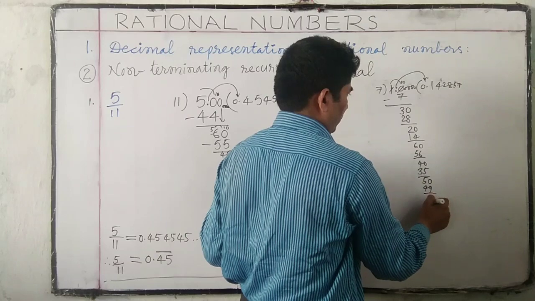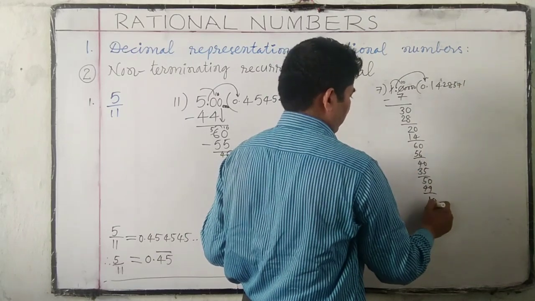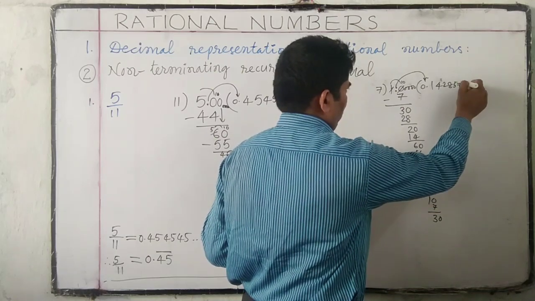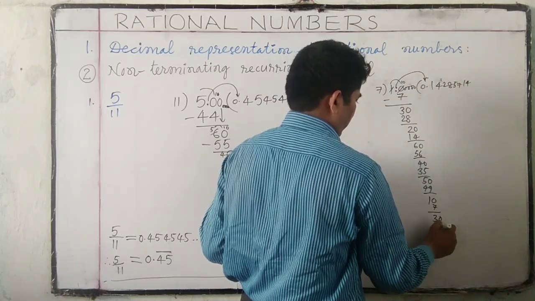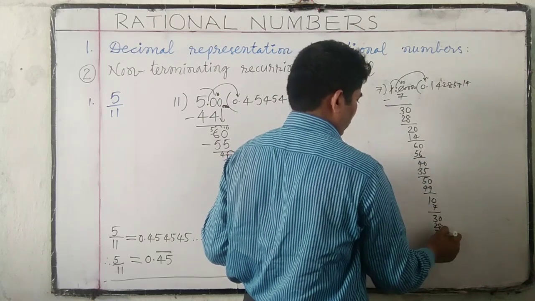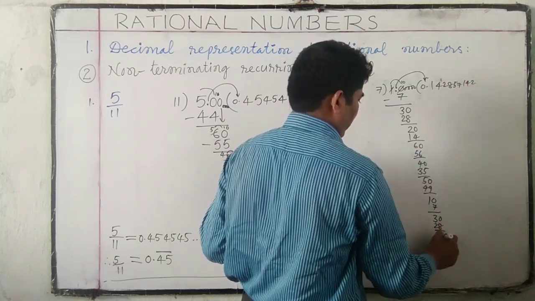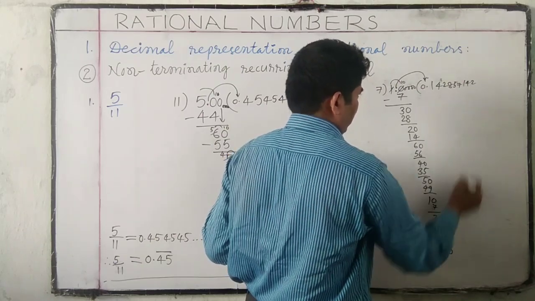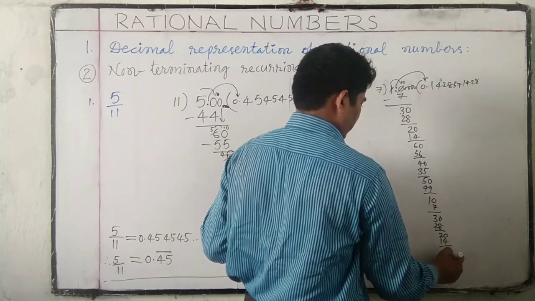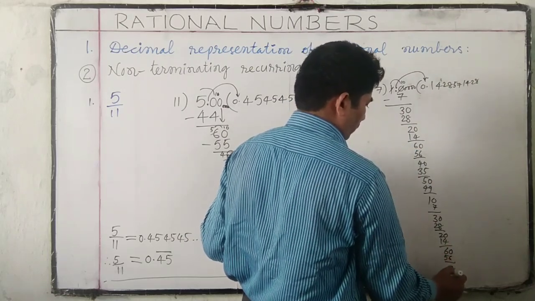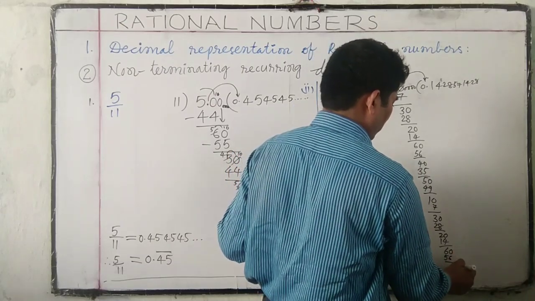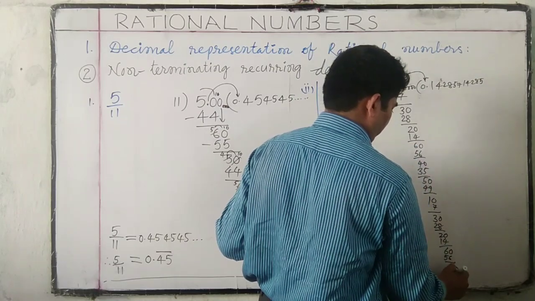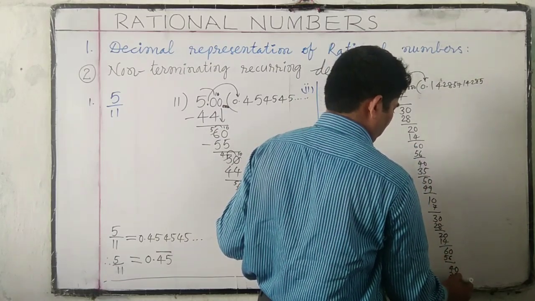Then 10: 7 ones are 7, remainder 3. 7 fours are 28, remainder 2. 7 twos are 14, remainder 6. 7 eights are 56, remainder 4. 7 fives are 35, remainder 5.